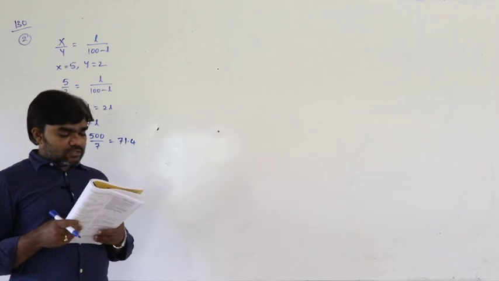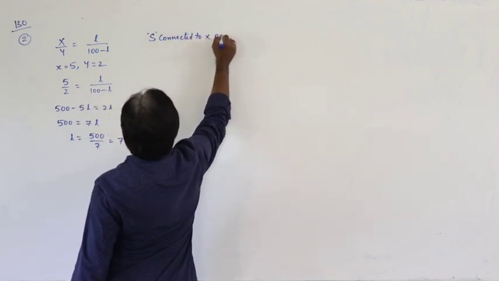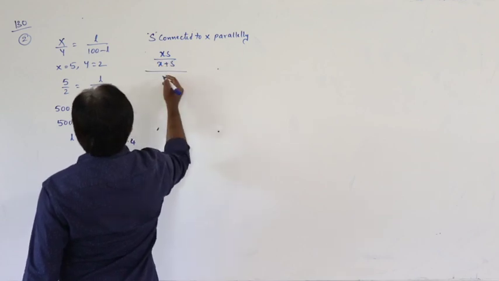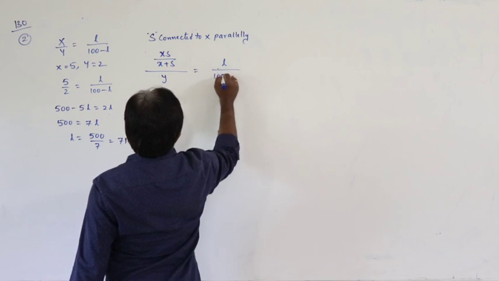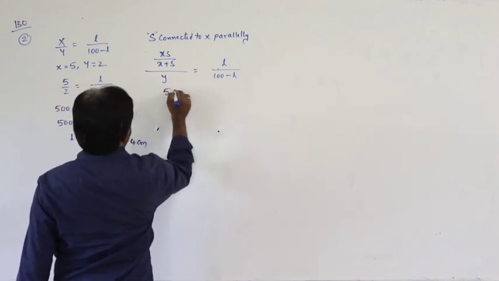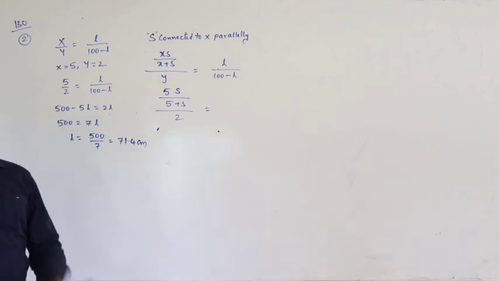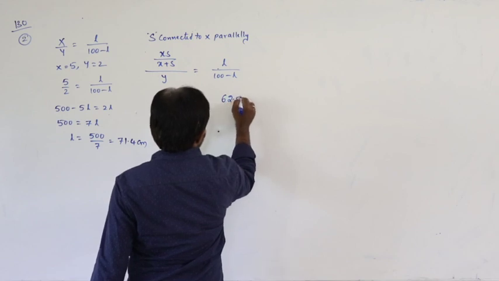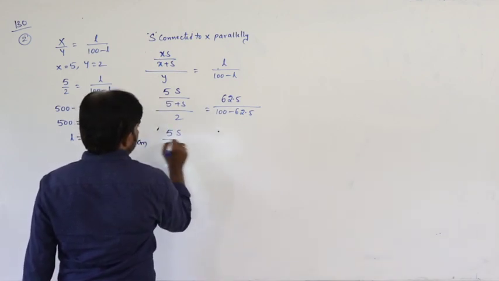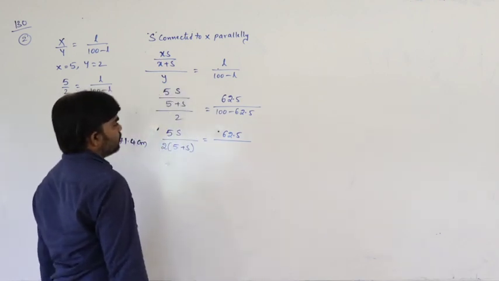If S is connected to X in parallel, then the effective resistance is XS by X plus S, divided by Y, is equal to L by 100 minus L. So now here X is 5: 5S divided by 5 plus S divided by 2 is equal to, in the second case, the balancing length 0.625, that is 62.5 centimeters, so 62.5 divided by 100 minus 62.5.